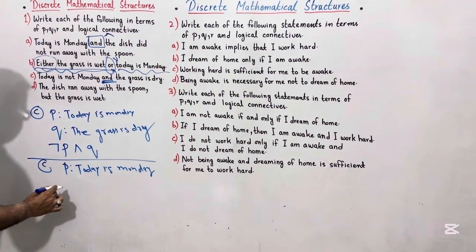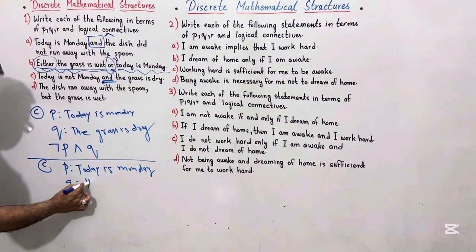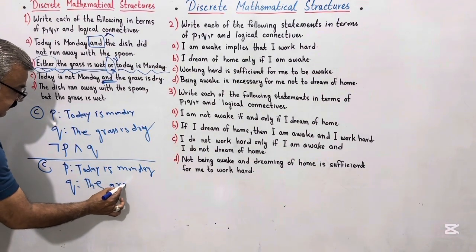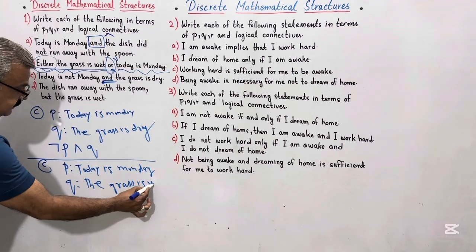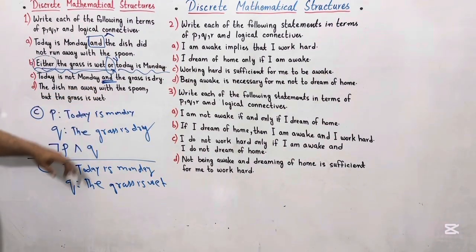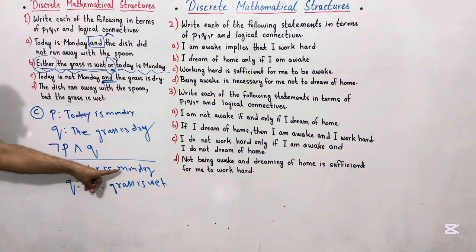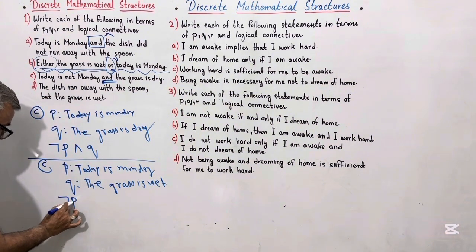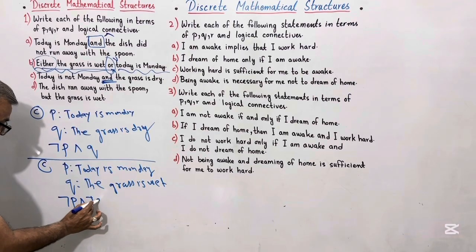If we are taking Q as the grass is wet, we can also join them using "and". Today is Monday. We have today is not Monday, negation of P and negation of Q.